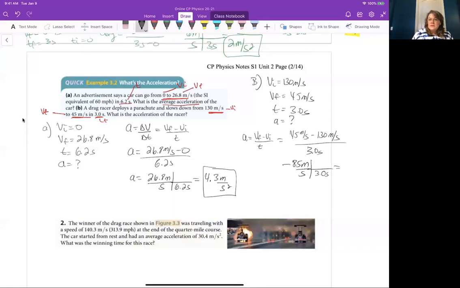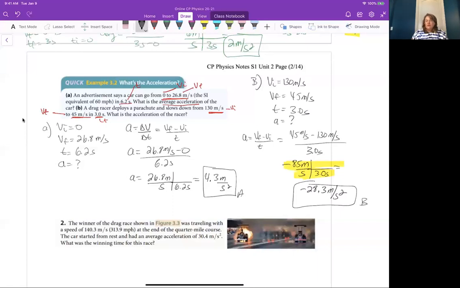And I'm not suggesting you have to show me all of these little steps. I'm doing this to teach you how to see that your units work. And that will give me negative 28.3 meters per second squared. Circle that, that's the answer to B.